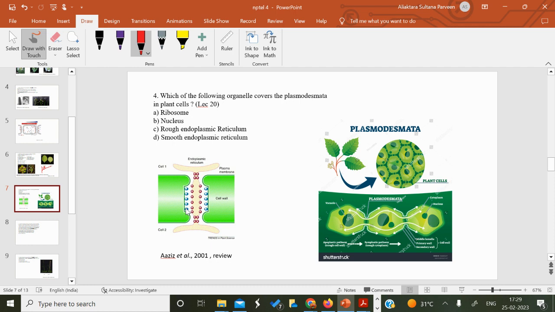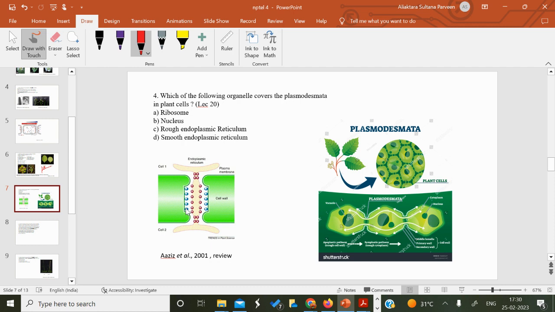Okay. So plasmodesmata is like a channel between two cells, so that some molecules can freely move from one cell to another. Why? Because if you think about a plant cell, it is basically formed of the cell membrane, then cell wall, then again if you think about the next cell, again cell wall comes, then membrane.